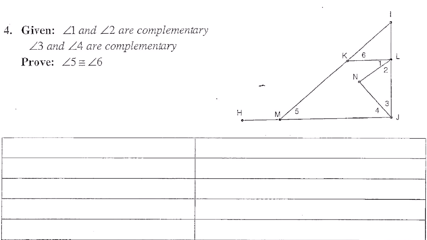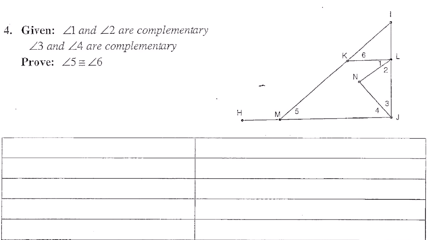Here's another tricky one. Angle 1 and angle 2 are complementary, and 3 and 4 are complementary, right? So we can use that to say that this is a right angle, and we can do the same thing over here, or we can say that they're perpendicular. But we have a few steps to do.